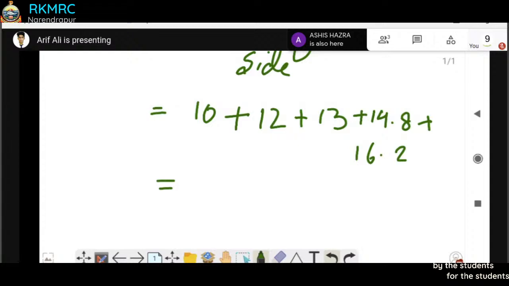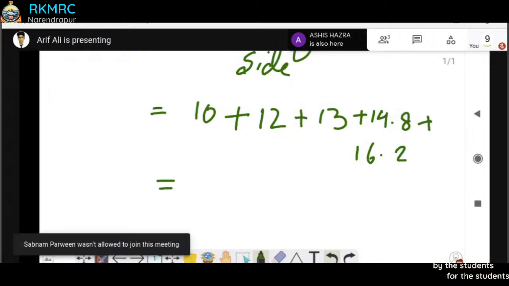So 10 plus 12, 22 plus 13 plus 14.8, and this will become 30.